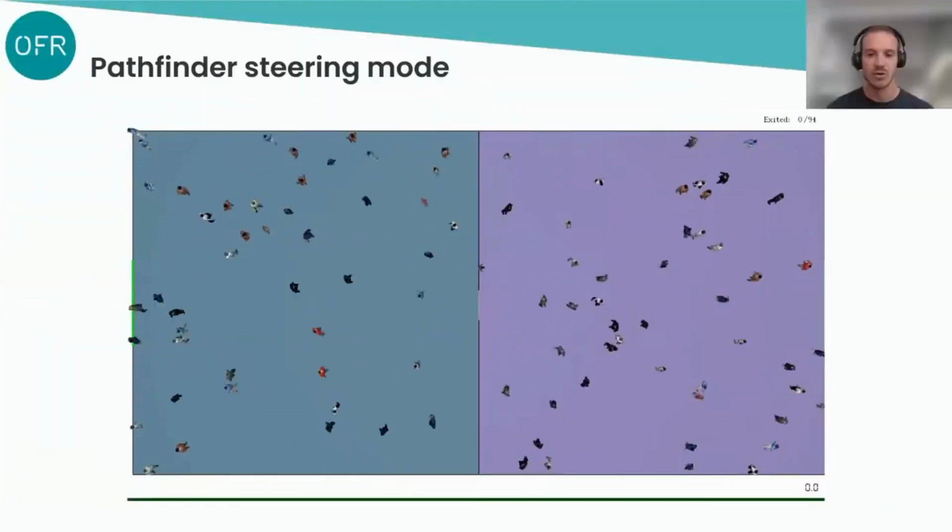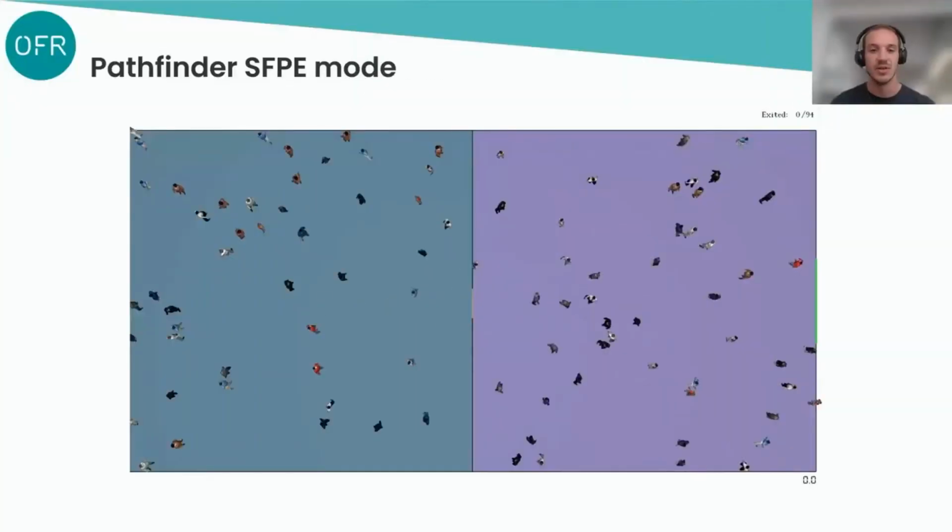I think we've got a zoomed in image here. Yep. So the agents kind of bounce off one another and they eventually trickle through the opening and onto the exit, which on the face of it looks like a good representation of the trials. And yeah, eventually everyone gets through. So that's the steering mode.